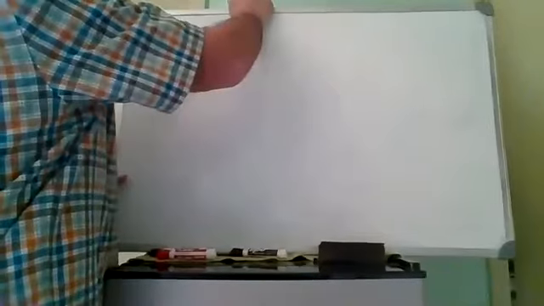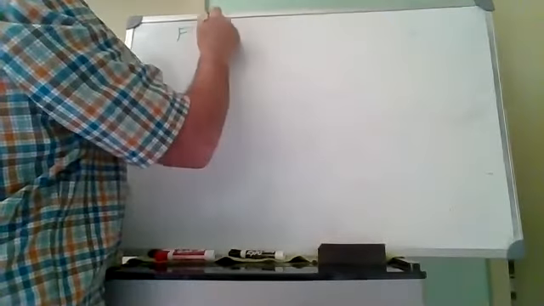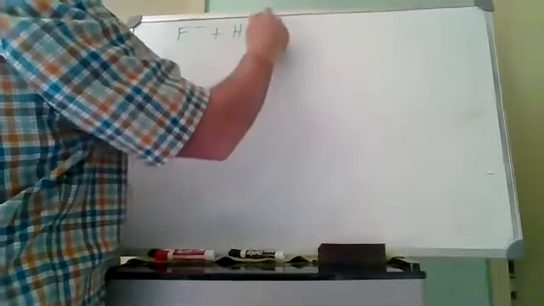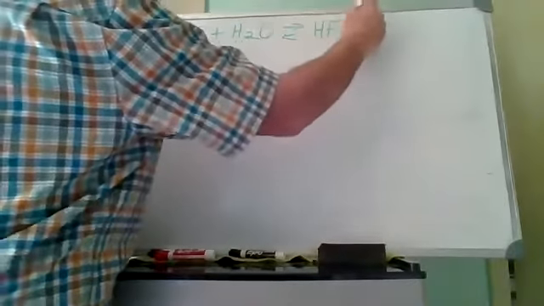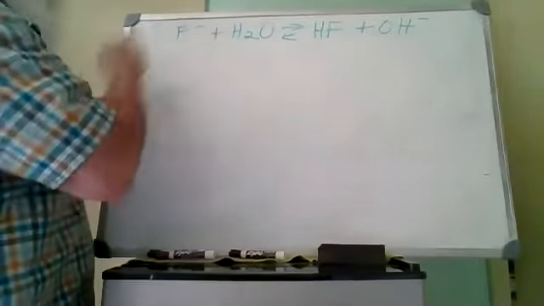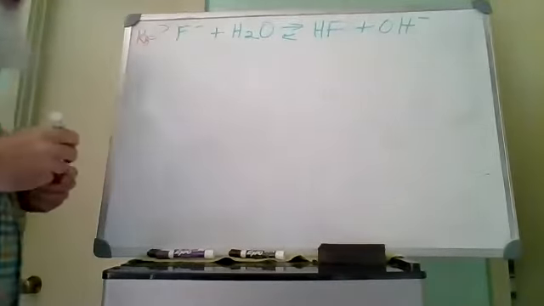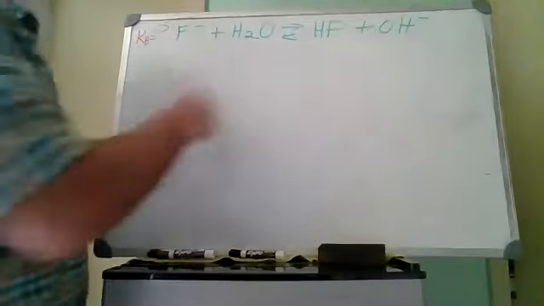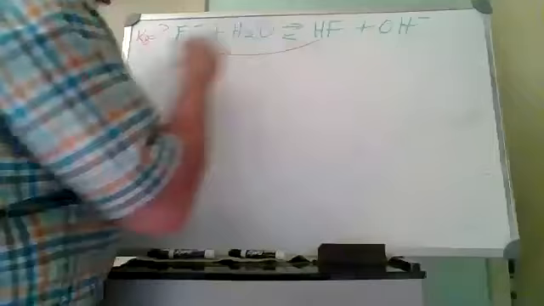In other words, we want the Kb for this. Well, we don't know what it is. However, we can look at the conjugate partner.